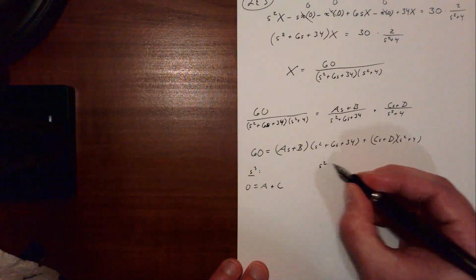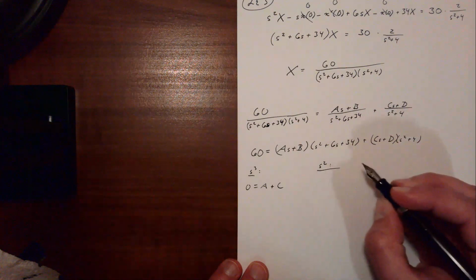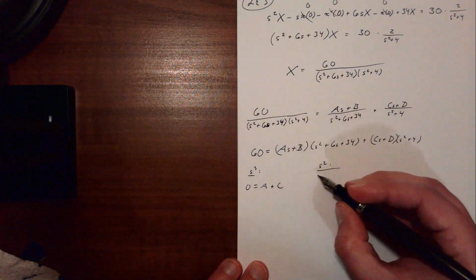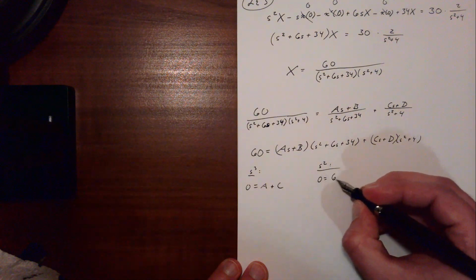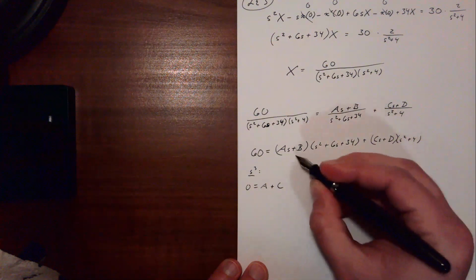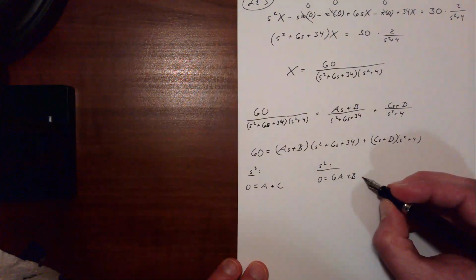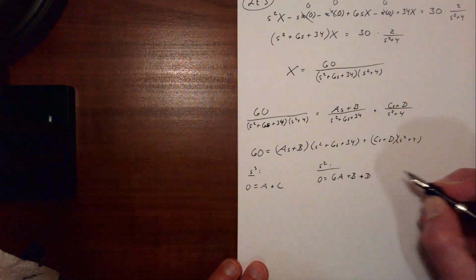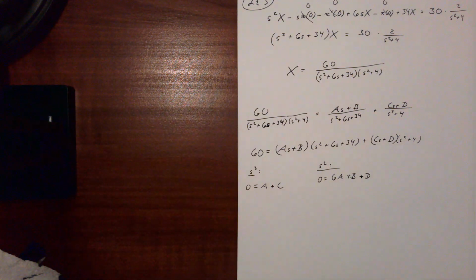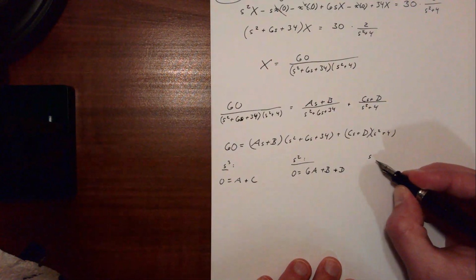For the s squared, we can see that there's going to be 0 on the left, 6A plus B, and then over here, what are we going to have? We're going to have plus D. Just s.